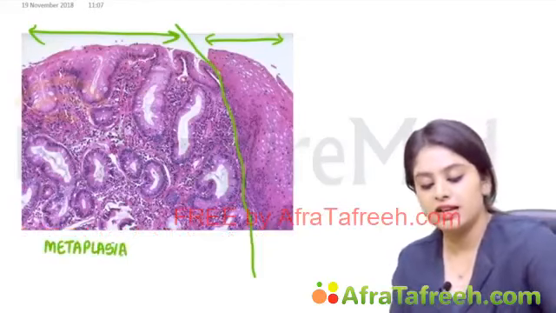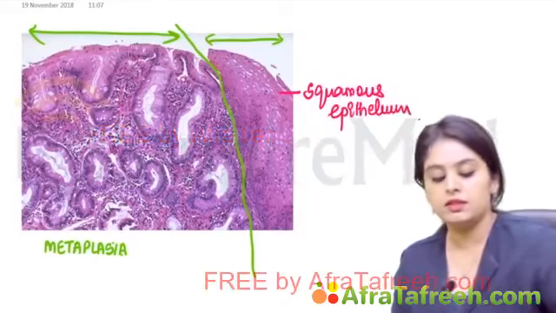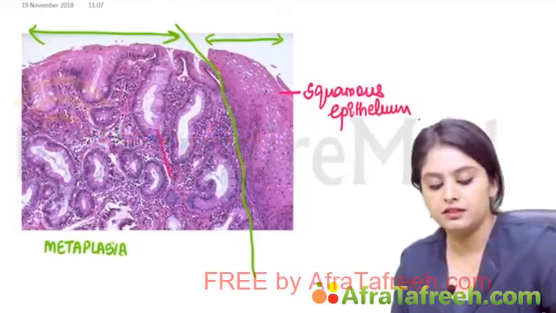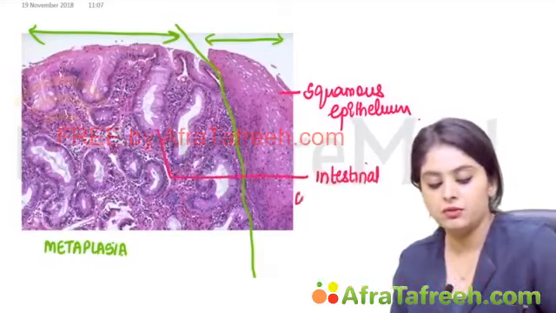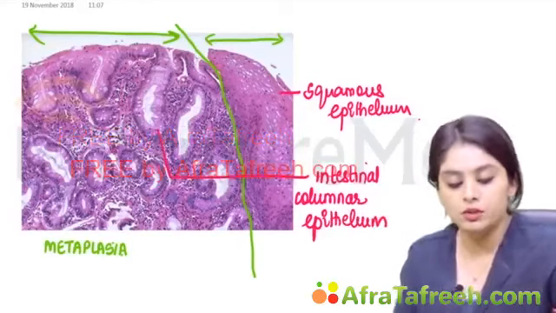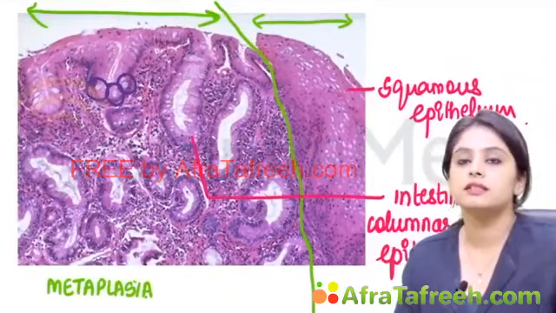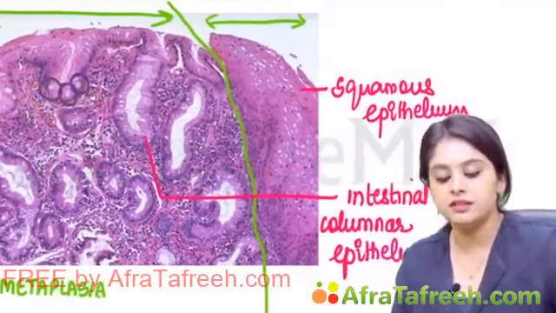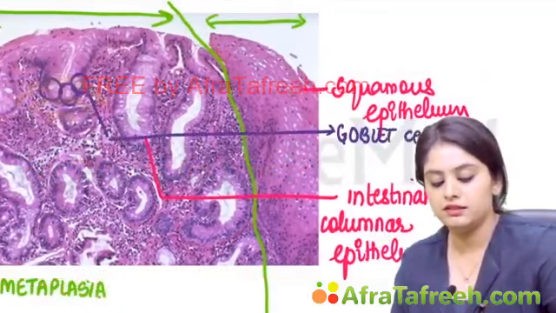So students, this is actually squamous epithelium. And what we have on this side, all these glands, this is the intestinal columnar epithelium. What you can appreciate over here, these round structures, these are the mucin-filled goblet cells.